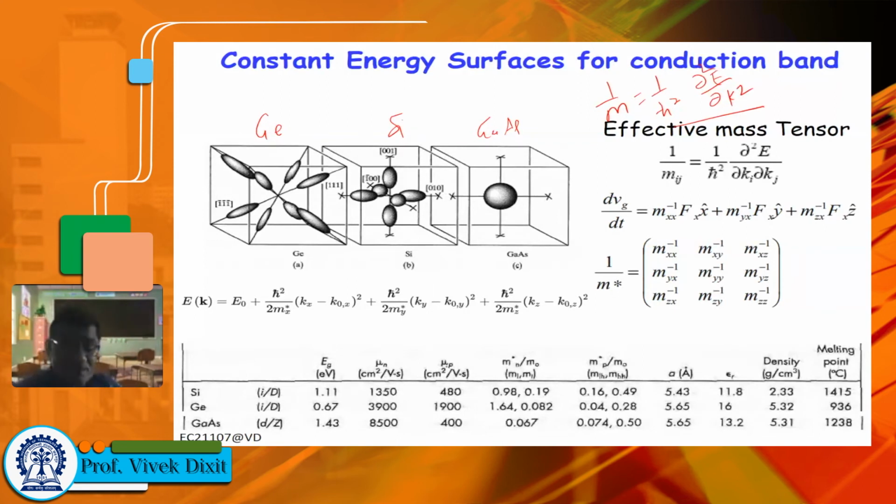Now it is possible that if you look at the parabola, in x direction it may have certain curvature, in y direction it may have another curvature. So when you rotate it, in x direction curvature is let's say more, in y direction curvature is less. So they may have different curvature. So this is along x direction and this is along y direction.